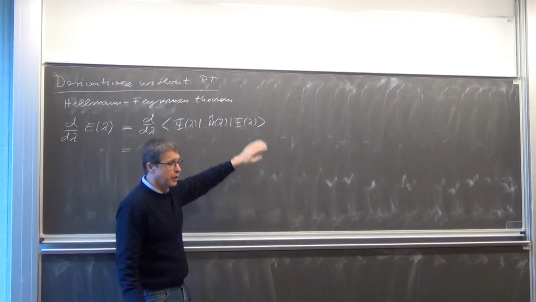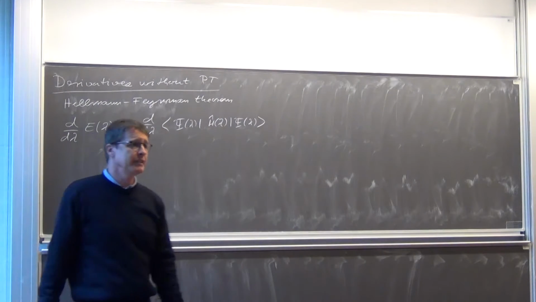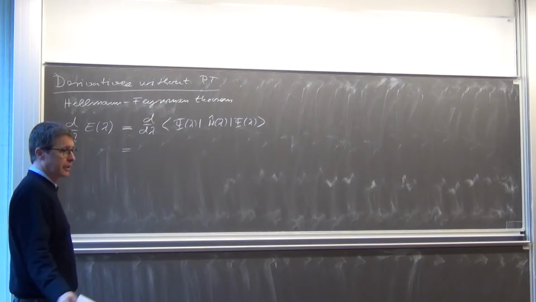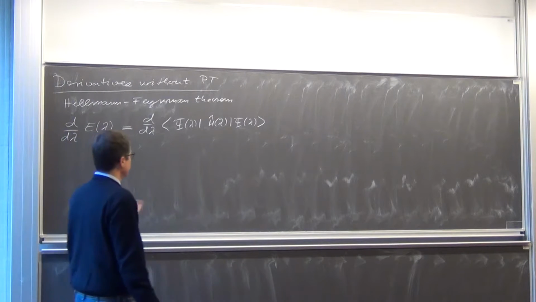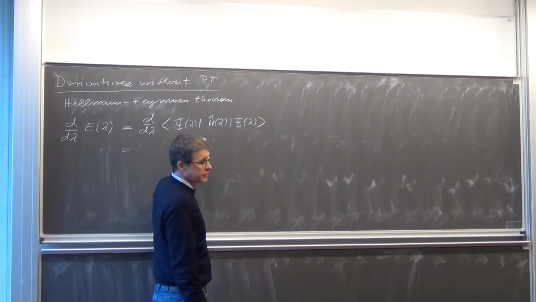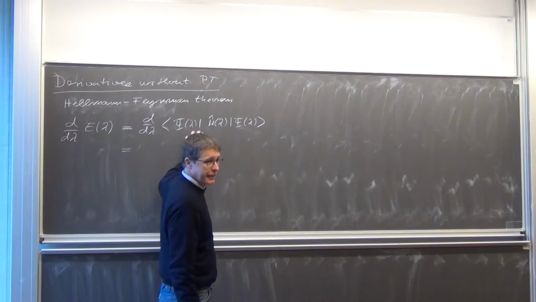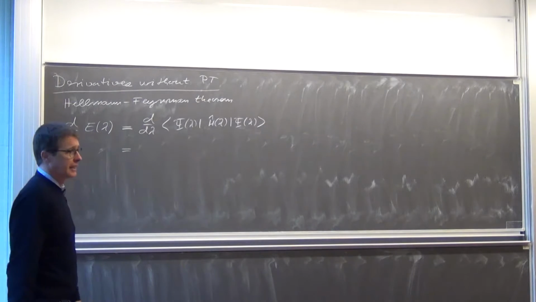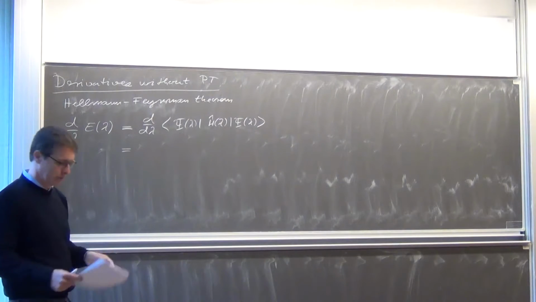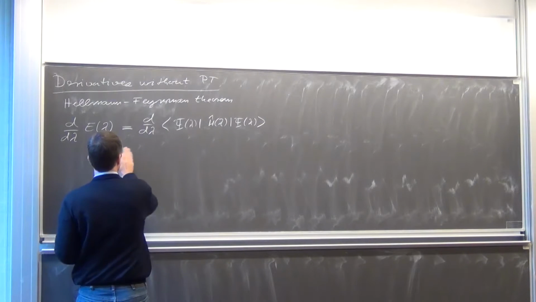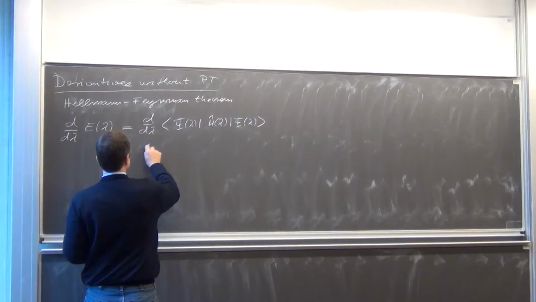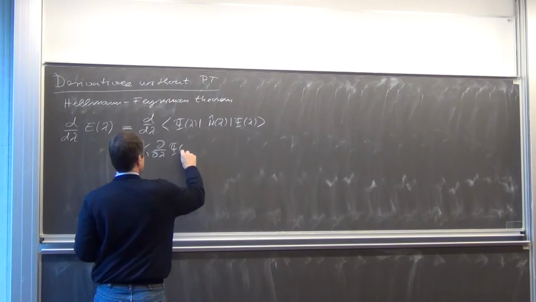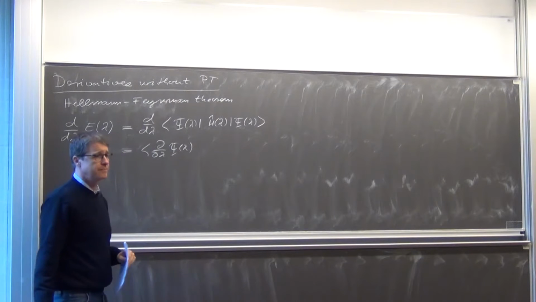But now I have a product of three terms, each of them depending on lambda. So now I really have to use the product rule. And the product rule, if you have a product of three entities, means you're going to get three contributions, three terms. Each of them, you take the derivative with respect to one of them. So now we get the derivative of the wave function in the bra.